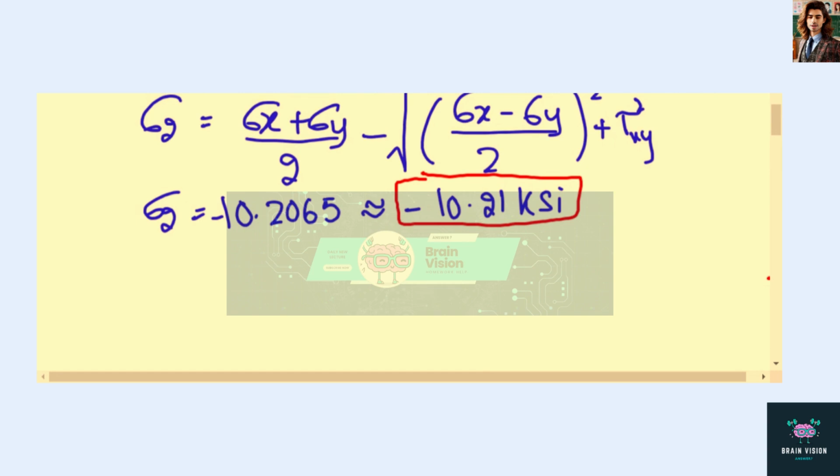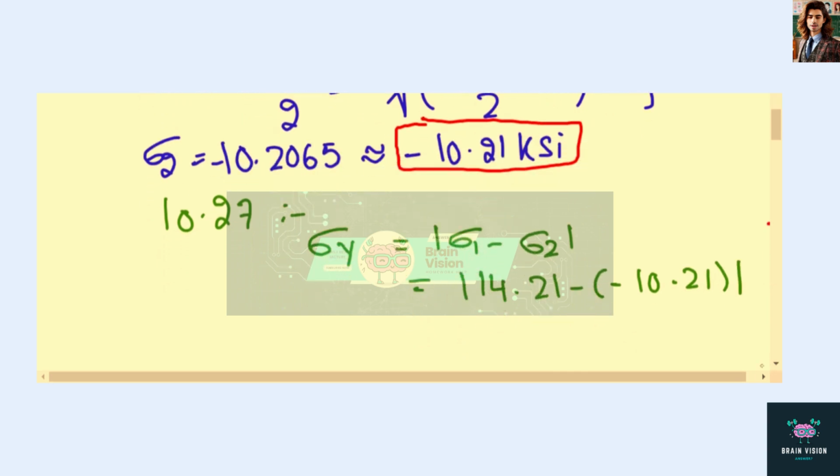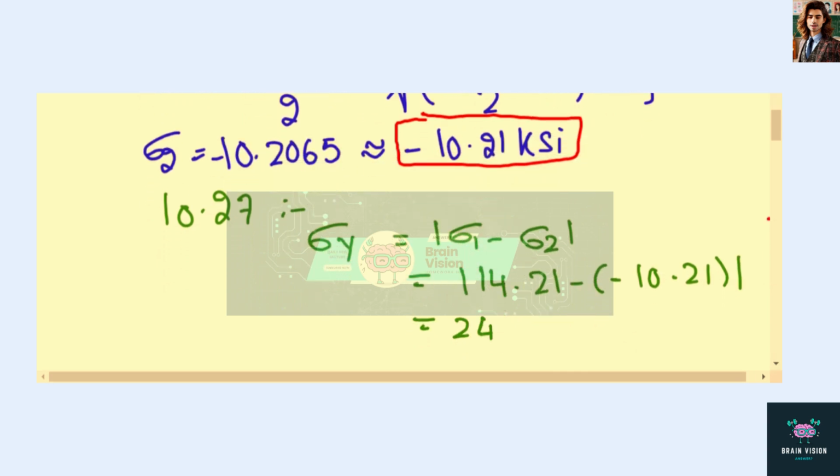So it means that we need to write the correct form of equation 10.27, and that would be sigma sub y is equal to the absolute value of the difference of sigma sub 1 minus sigma sub 2, that is equal to 14.21 minus negative 10.21, and that is equal to 24.41 ksi, sigma sub y.